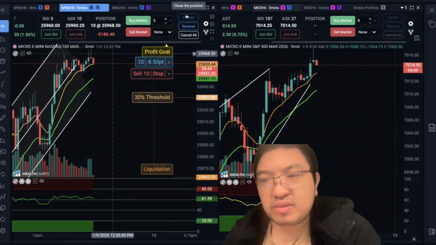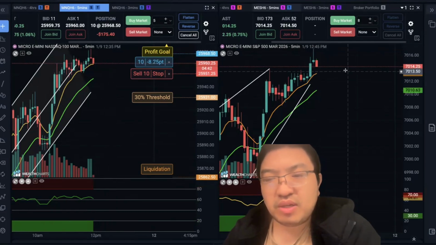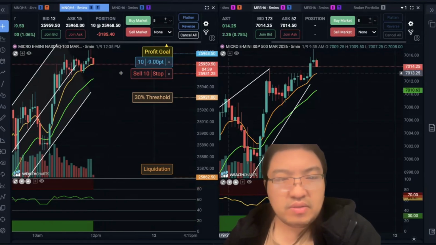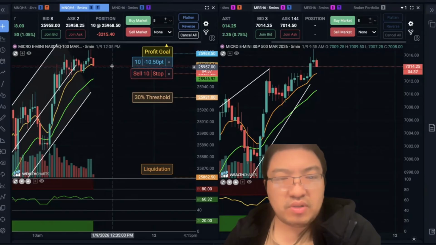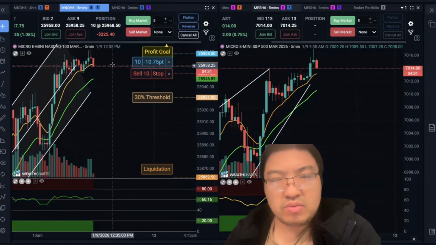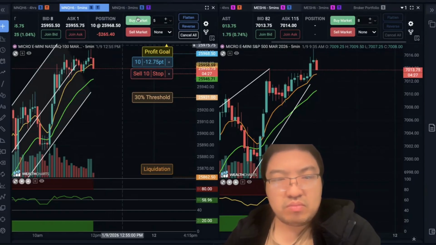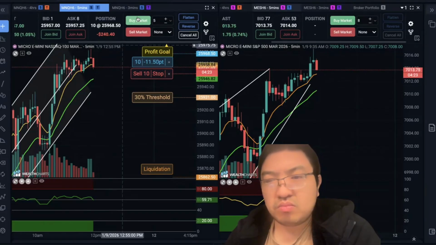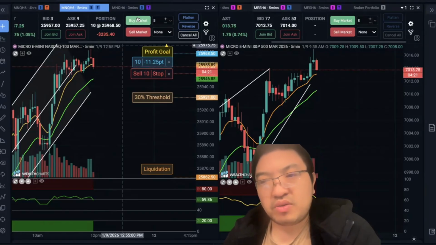This is a reverse. It's gonna retest here. And for NQ, it's gonna retest to here. Oh my god, I don't like this.